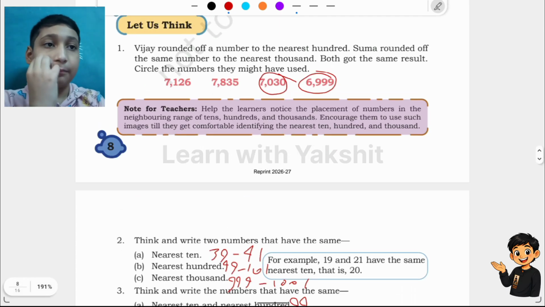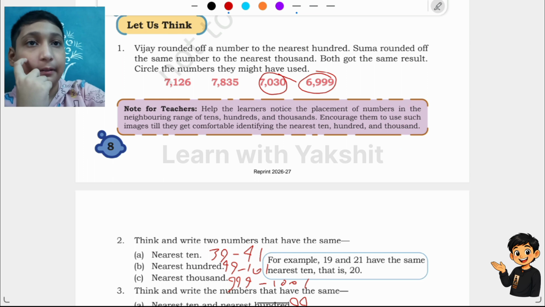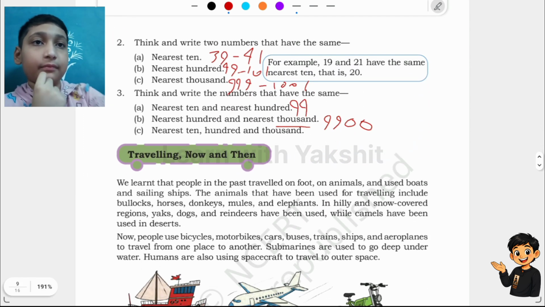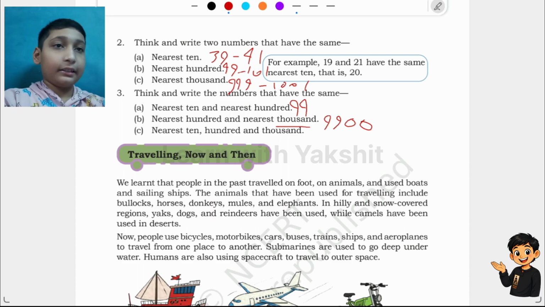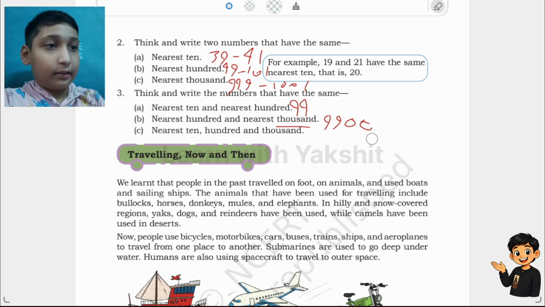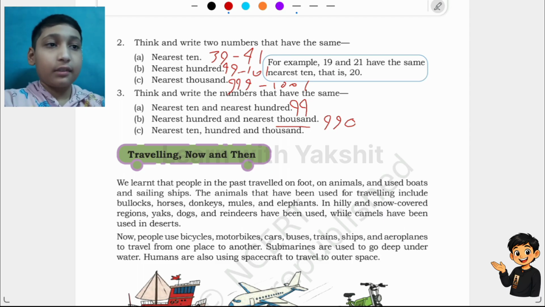Why did that happen? And then do it like the two digits which you're finding the nearest, and then erase the ones place. Boom, solution unlocked.